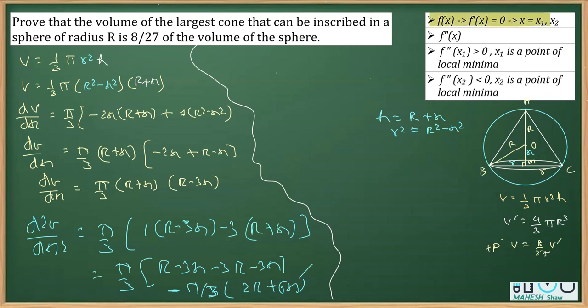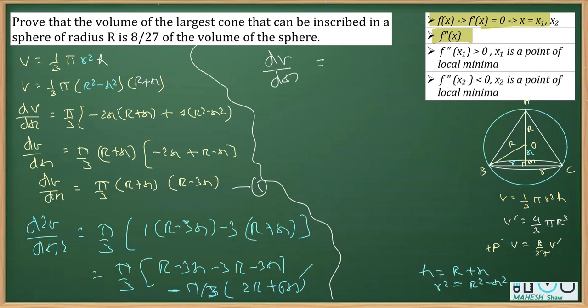Okay, now what we do in the next step, as we have done this step, we have also found f double dash x. We are required to equate the f dash x with 0. So let's place this below and equate the f dash x with 0. So this is equation 1. dV by dx when equated with 0, pi by 3 times (R plus x) times (R minus 3x) equals 0.